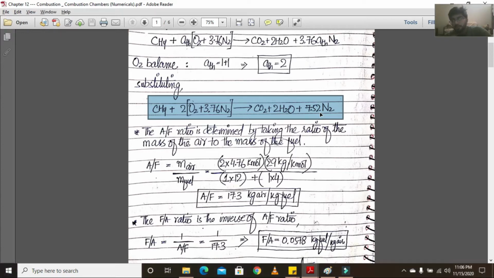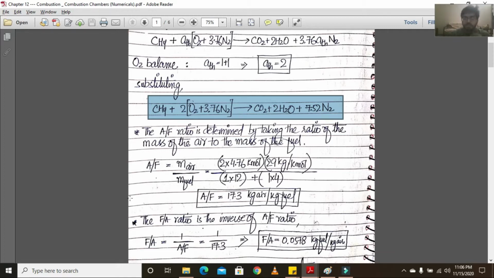Now moving forward, as it was mentioned in the question that I have to determine the air fuel mixture. So in order to determine the air fuel mixture, I explained earlier as well that I have to determine the mass of the air and I have to determine the mass of the fuel as well.